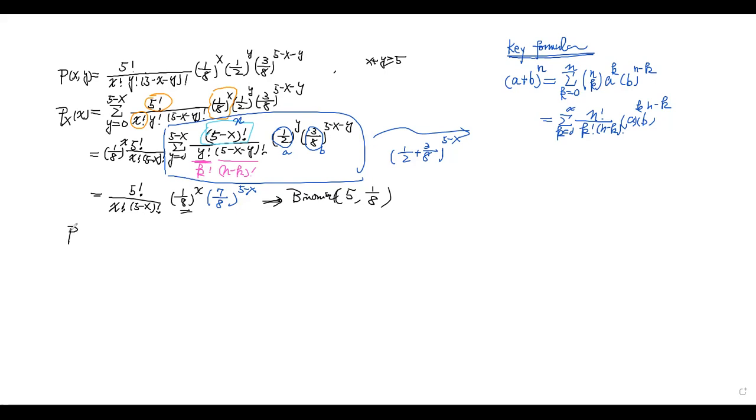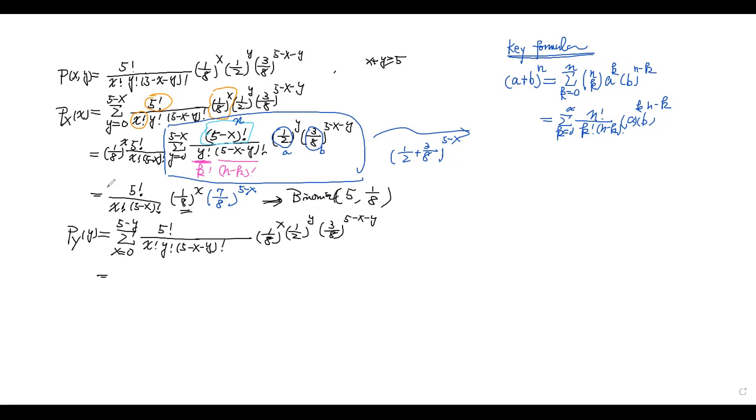All right, so let's do the same thing for y. If you want to find the marginal of y, you sum up over x, where x goes from 0 to 5 − y. Then this is 5 factorial over x factorial, y factorial, (5 − x − y) factorial, times (1/8)^x, (1/2)^y, and (3/8)^(5 − x − y).